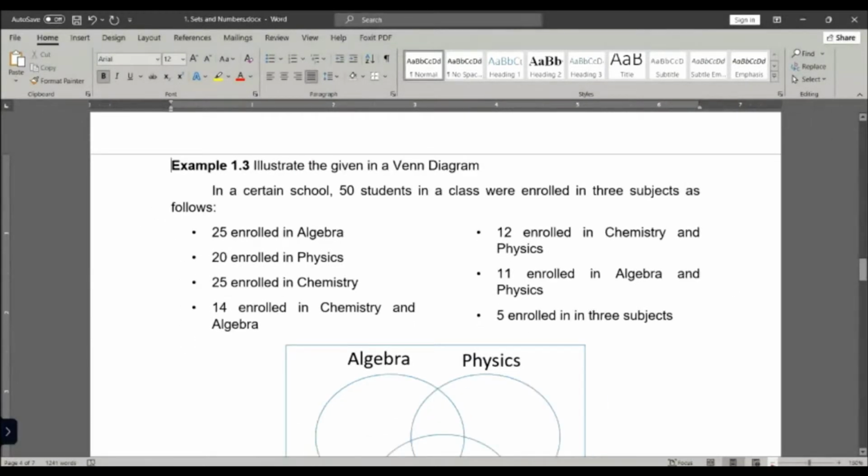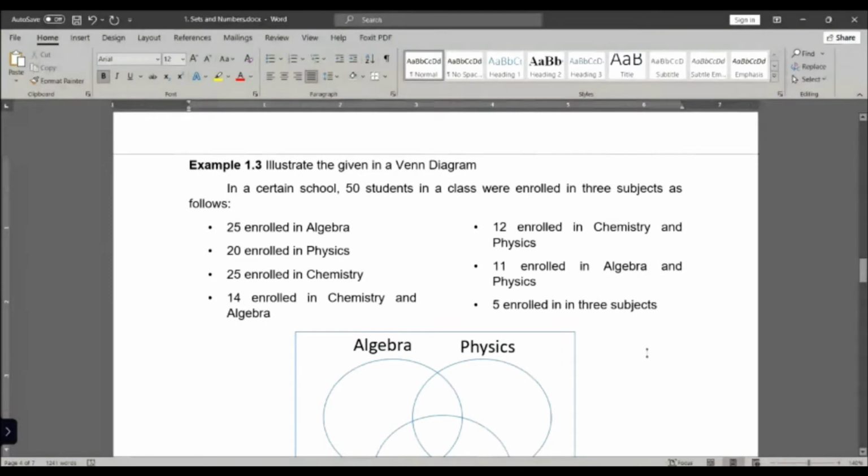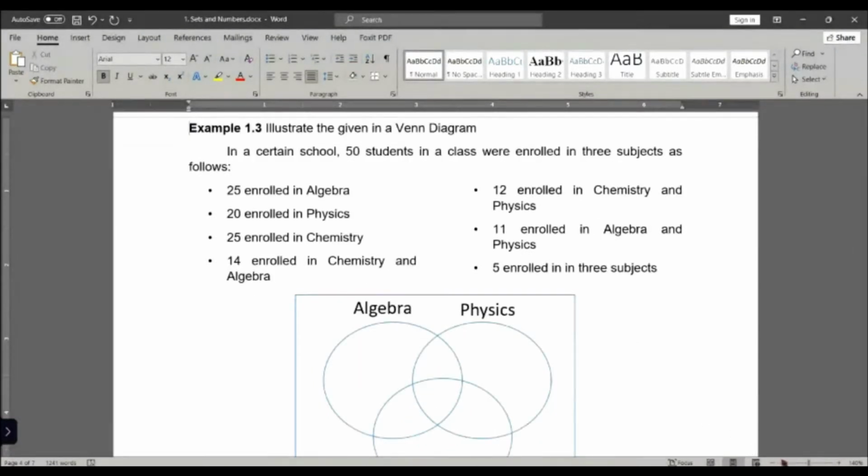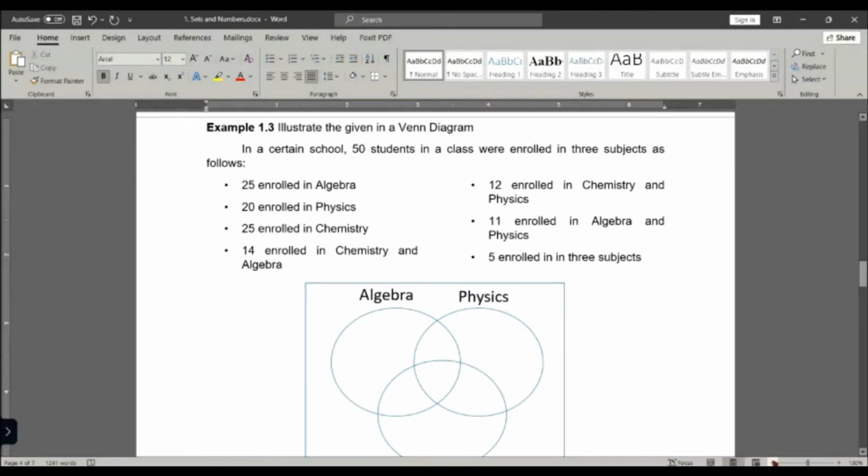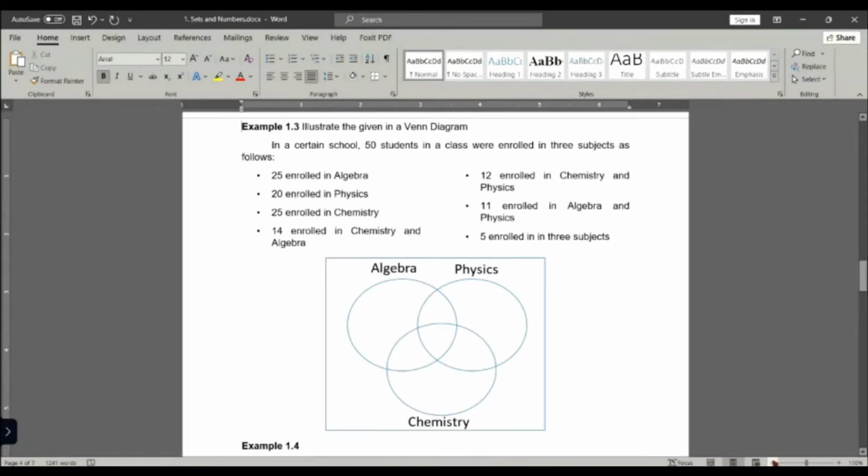Suppose that in a certain school, 50 students in a class were enrolled in three subjects as follows. Okay, we have algebra, physics, and chemistry. Specifically, 25 students are enrolled in algebra, 20 in physics, 25 in chemistry. 14 students enrolled in chemistry and algebra, 12 in chemistry and physics, 11 in algebra and physics.